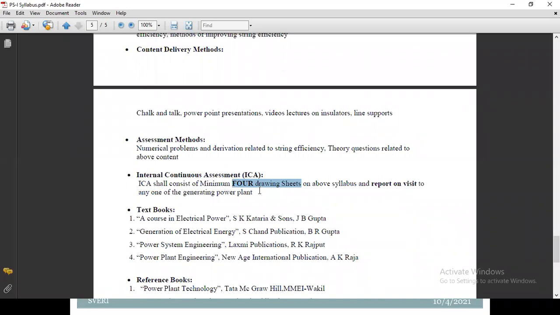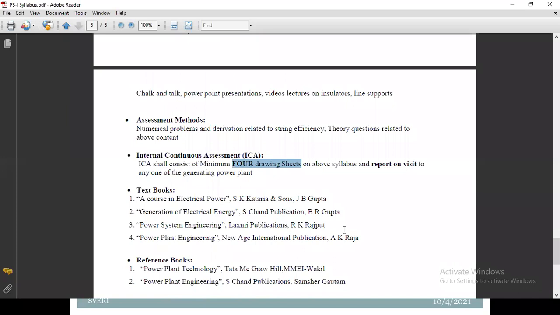Now for this subject, which textbooks are important, which books are we going to refer? We have a lot of books for this power system subject, but the very popular and easily understandable one is A Course in Electrical Power by JB Gupta.